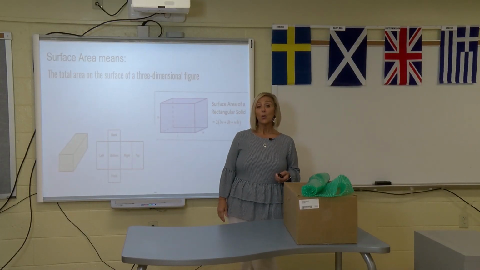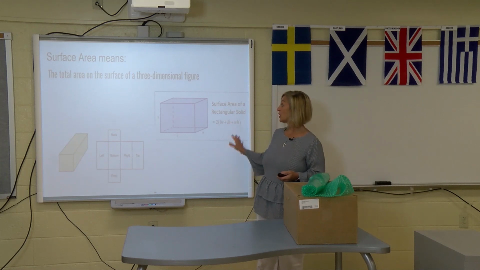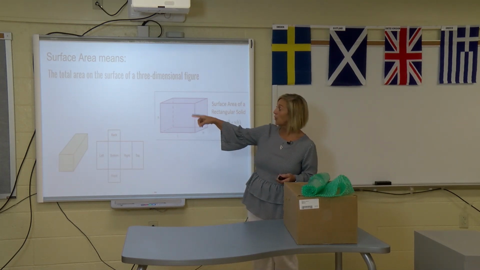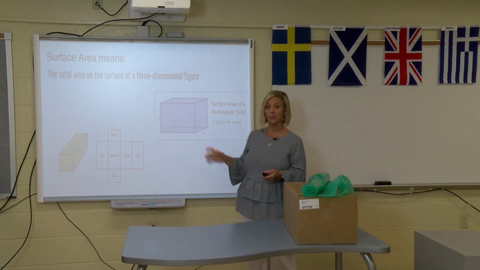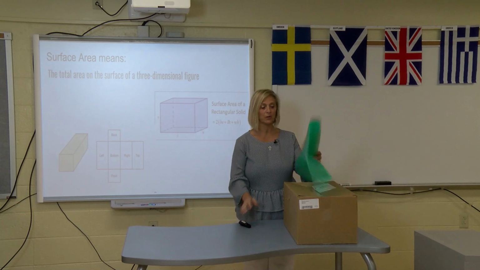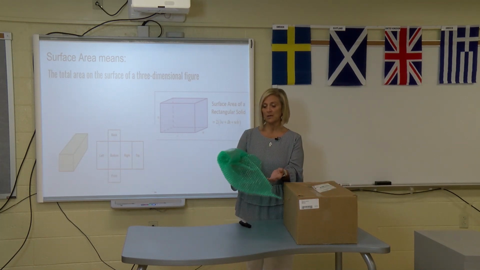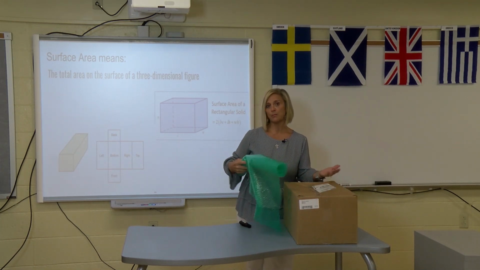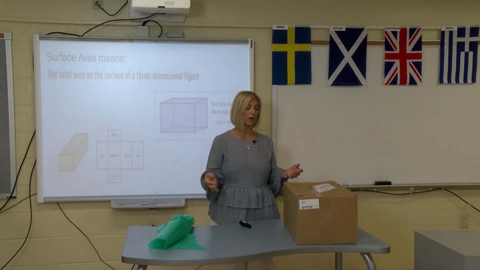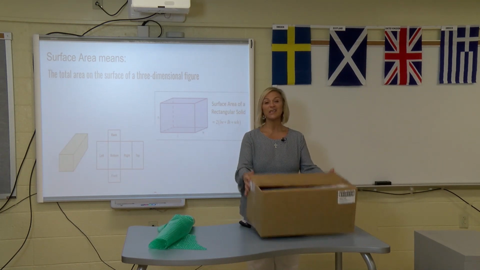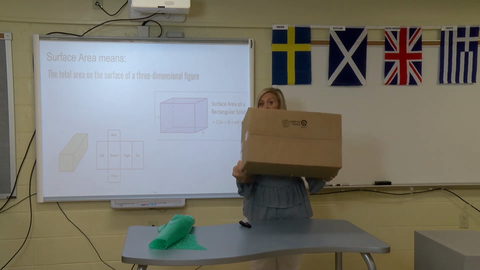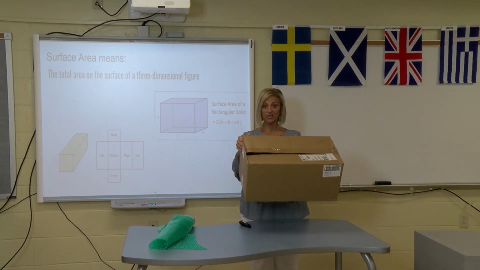So today we're going to look at surface area. Surface area is the total area on the surface of a three-dimensional figure. Let me see if I can show you a little bit. You see my bubble wrap? We need to wrap some of these boxes in bubble wrap, or at least the aquariums from last week. When we're looking at surface area, we need to take the whole figure into consideration.